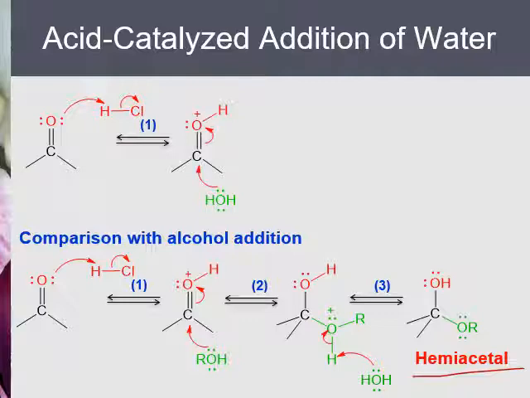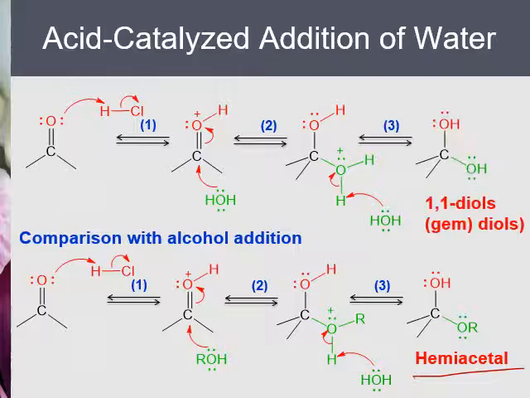So draw arrows to show the nucleophilic addition to this protonated ketone or aldehyde. In the product, the oxygen of the added water has a positive charge with 3 bonds. One of the hydrogens is then deprotonated by another water molecule, and that gives you the 1,1-diol.